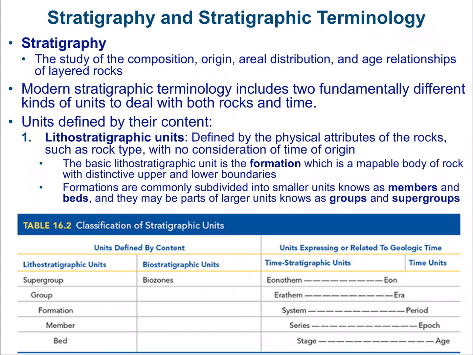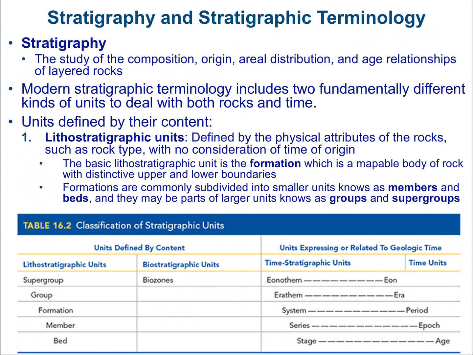Now, stratigraphy is the study of the composition, origin, areal distribution, and age relationships of layered rock. So our modern stratigraphic terminology includes two different units. Our first unit is what we call our lithostratigraphic units.